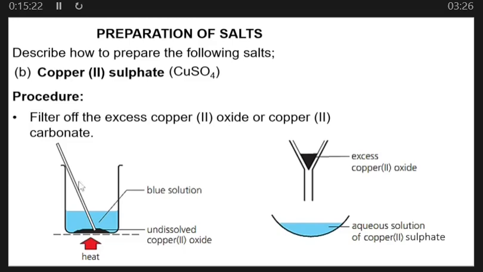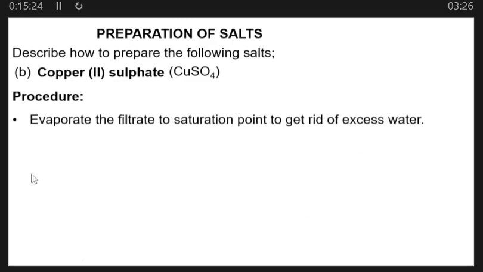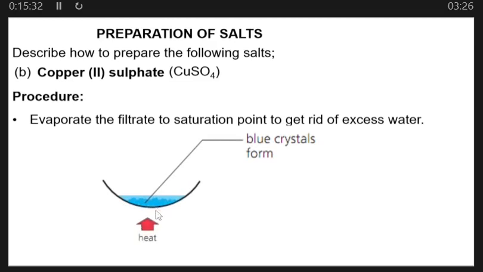Then now when you do the evaporation here, where we said evaporate to saturation point to get rid of the excess water, this is what we are talking about. We heat here so that you evaporate. All right. So you evaporate so that blue crystals of copper 2 sulfate can form here. All right. Then what else?